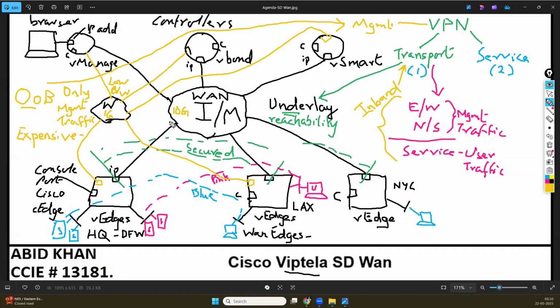Everything can get compromised. So some organizations might go for the out of band management model, which will be expensive for them. If people are using in-band management, then this is basically economical.